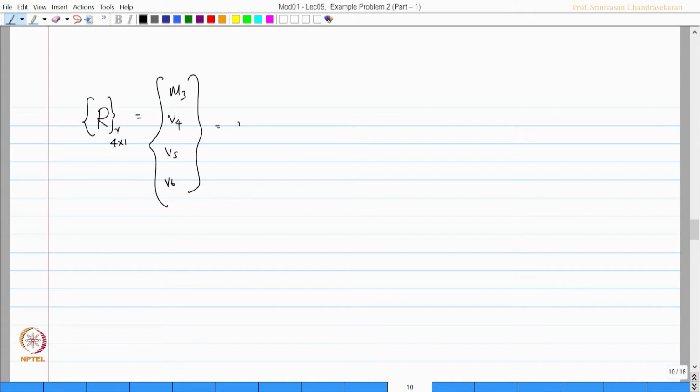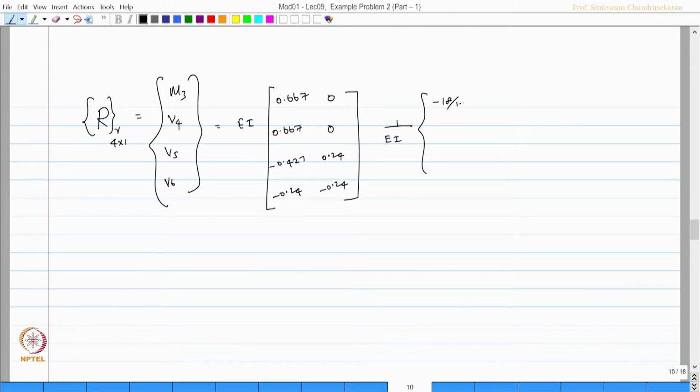So, M3, V4, V5, V6 can be obtained as EI times 0.667, 0, 0.667, that is my KRU, minus 0.427, 0.24, minus 0.24, minus 0.24, multiplied by 1 by EI, minus 18 by 1.546, 57.325 by 1.546, and subtract from this my JLR, which is minus 15, minus 30, minus 50 and minus 20.